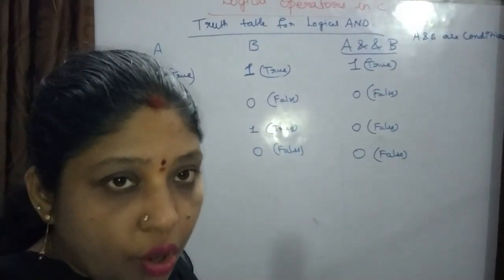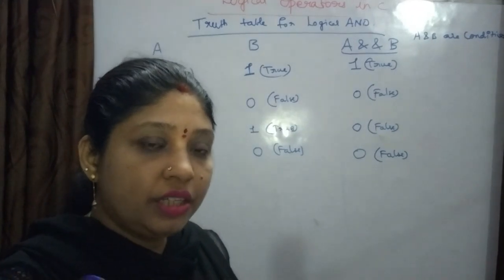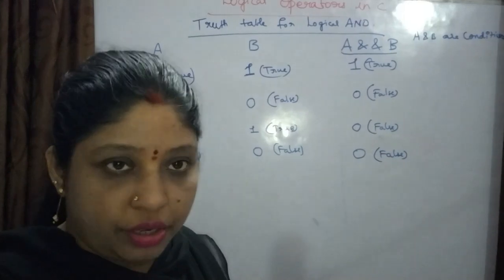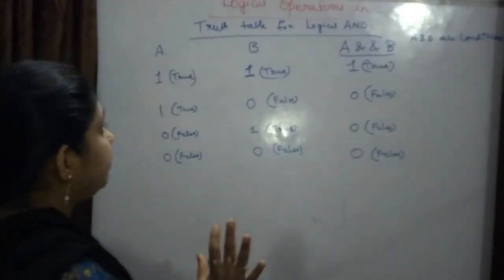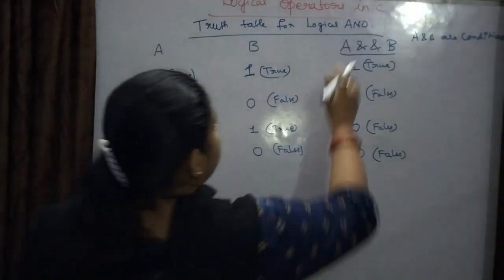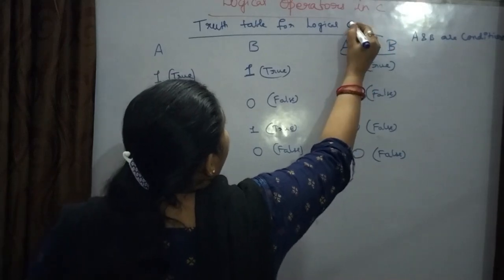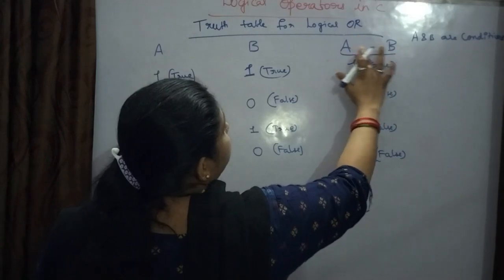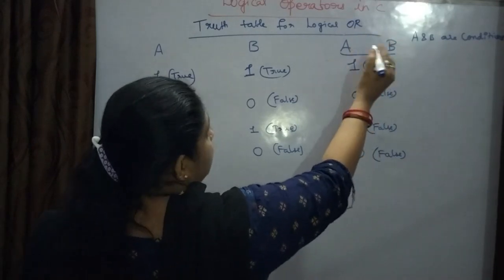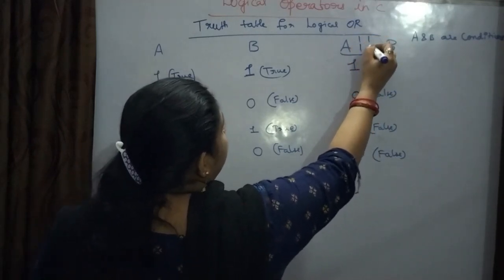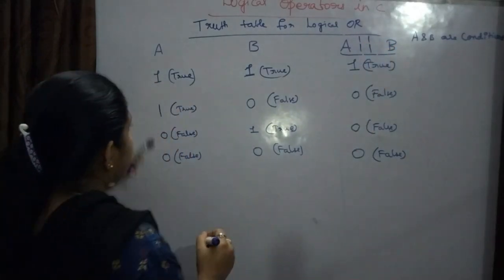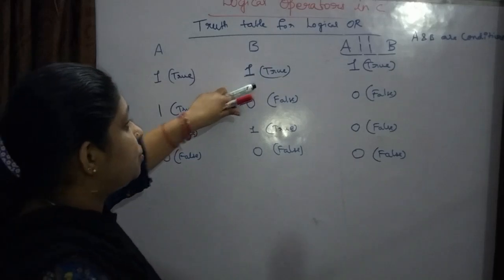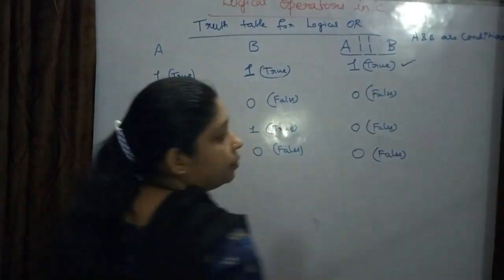about logical or. For the or condition, the result will be opposite to the logical and. Like here, I will make some changes. Now, instead of and, I am discussing the logical or operator. How are you going to write it? Like this. Now think that A condition is true and B condition is true, then automatically the result is true.